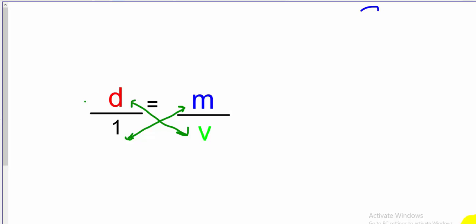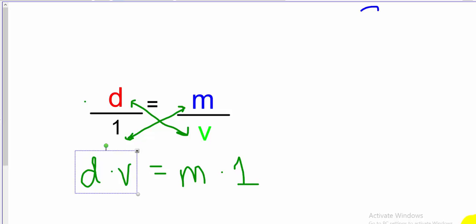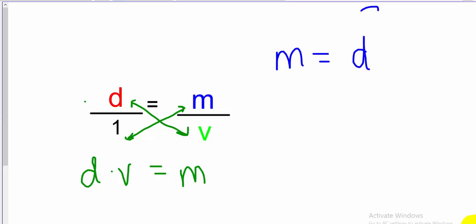Here I would have D times V on the left, and on the right hand side I would have my mass times 1. If I were to clean that up a little bit, I realize that mass times 1 is simply just mass, so I can get rid of that 1. And again, there's my same formula for mass derived again. I'm going to flip them over so that my mass is isolated on the left, and I'm going to have my density and my volume on the right.